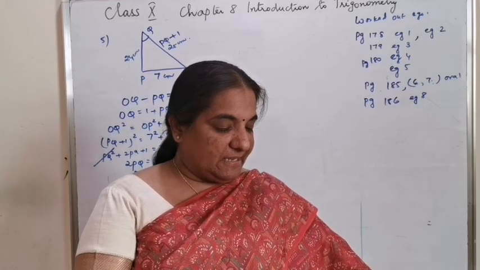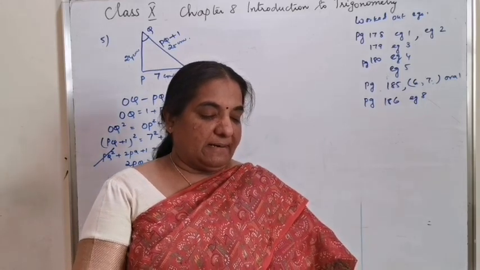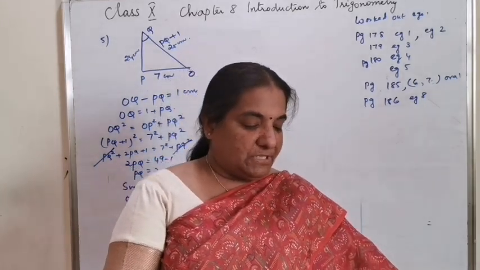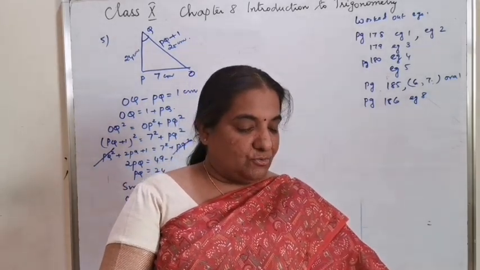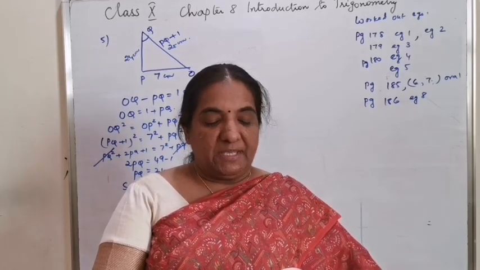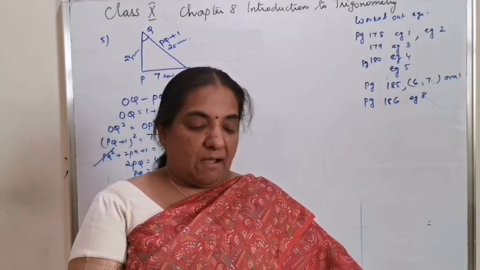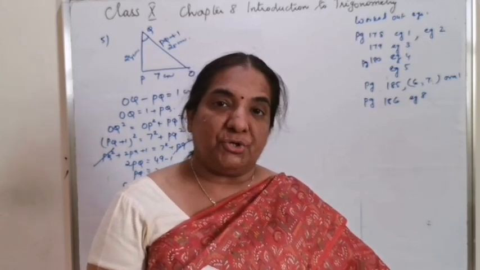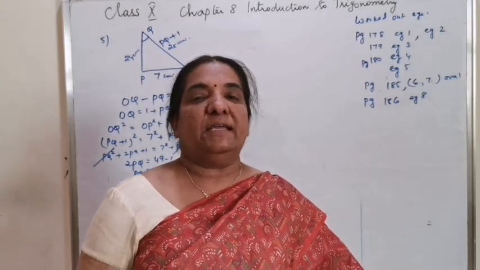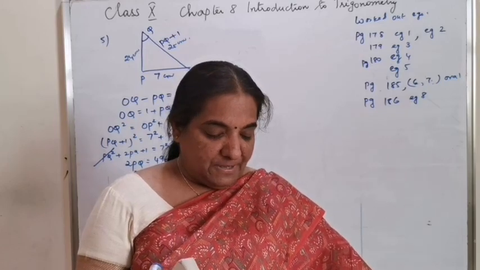Similarly, question 7. In triangle PQR right angled at Q, PQ is equal to 3 and PR is equal to 6. Find the angle QPR. It is adjacent by hypotenuse. Use the ratio and get the value of the angle. That is also a simple one.